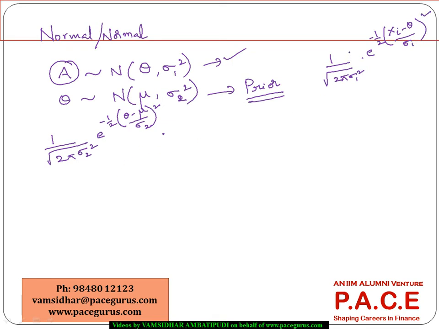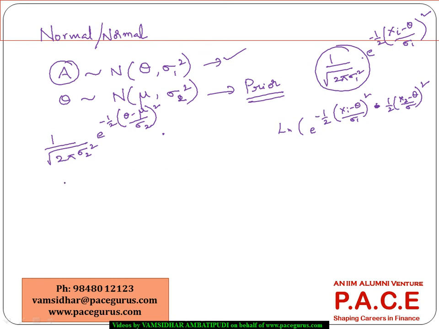This is what is coming out. So for everyone, probably I can omit this because there is no theta in it. So overall, if I am going with the likelihood, it is coming out as e to the power of minus half x1 minus theta by sigma 1 whole squared, plus minus half x2 minus theta by sigma 1 whole squared. So this is working out to x i minus theta whole square.